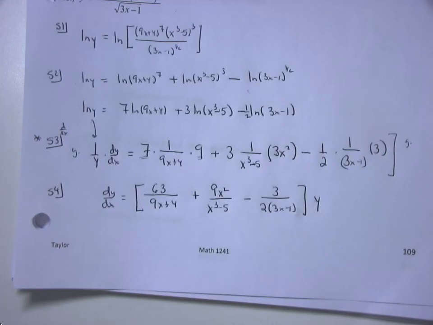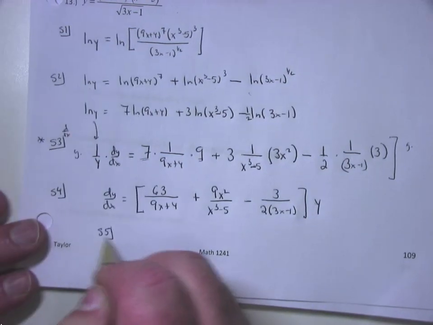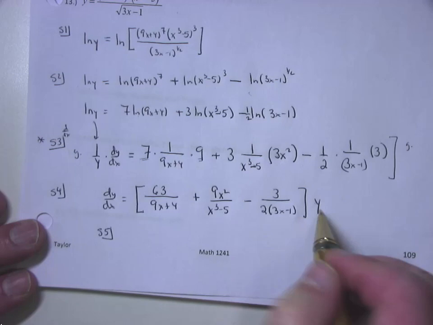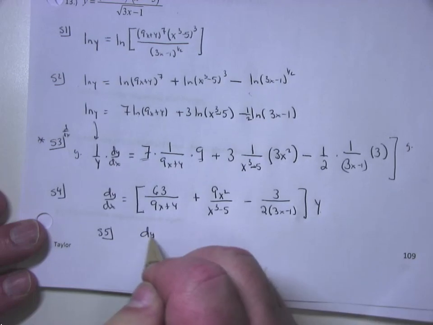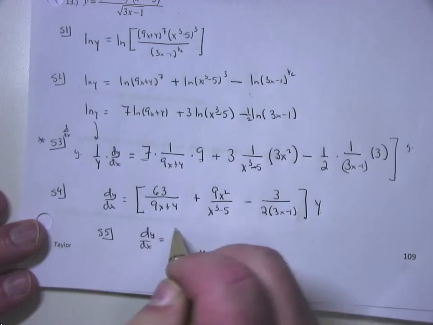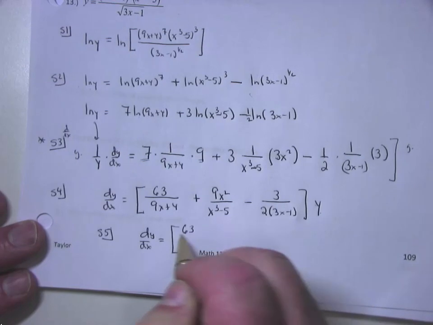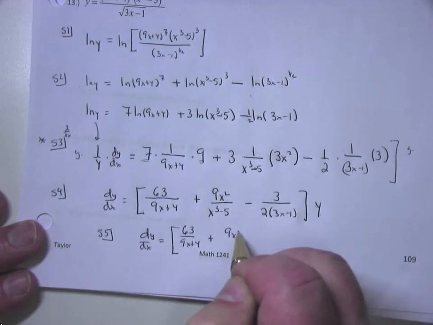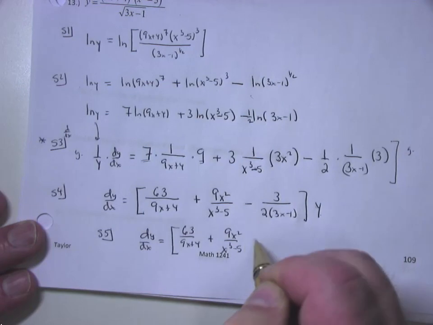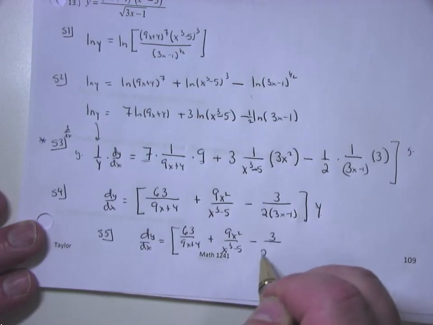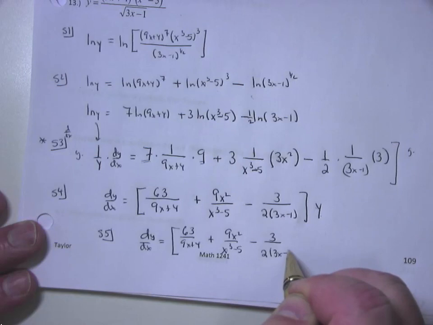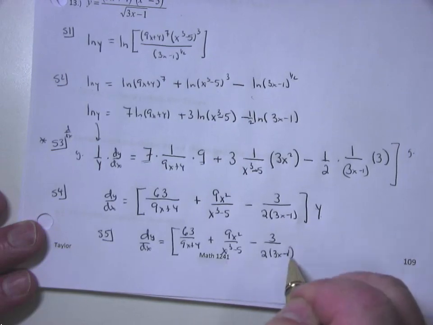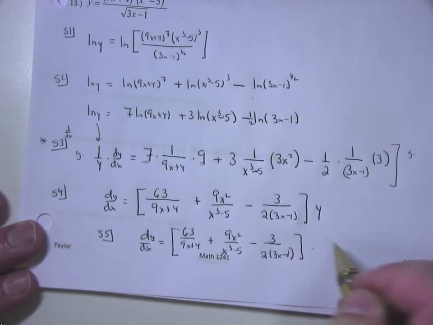And then your last step, step number 5, is this. Go back and replace y with the original function. So you get dy over dx is equal to 63 over (9x plus 4) plus 9x squared over (x cubed minus 5) minus 3 over 2 times (3x minus 1), times y, and y was the original function.